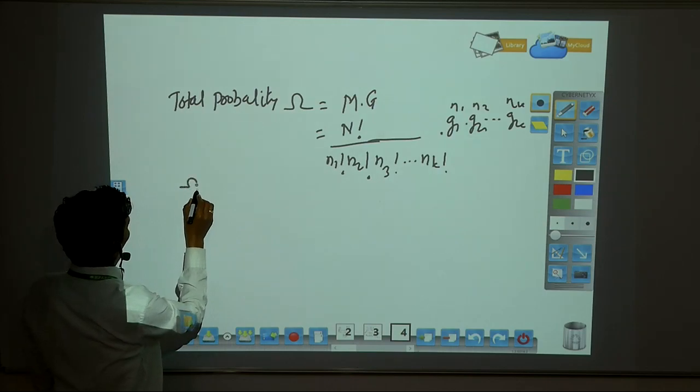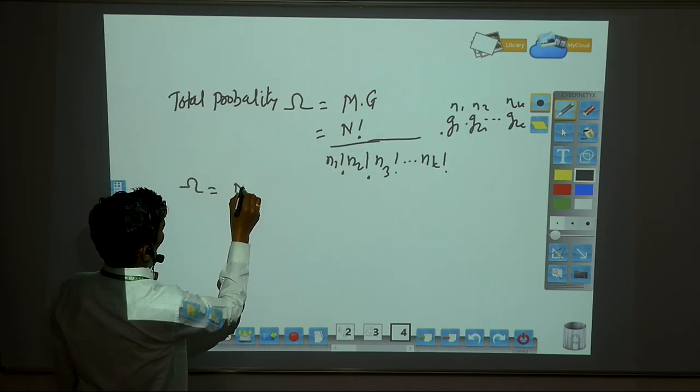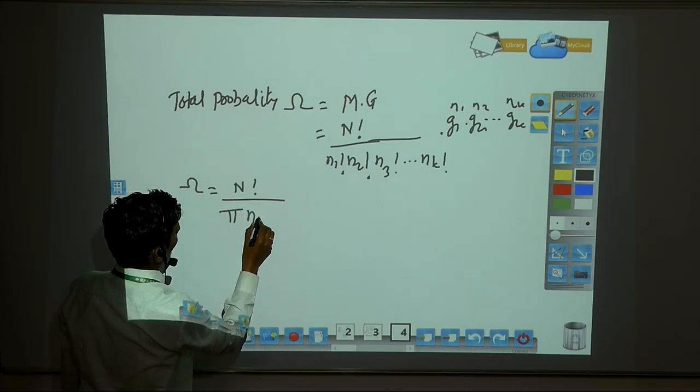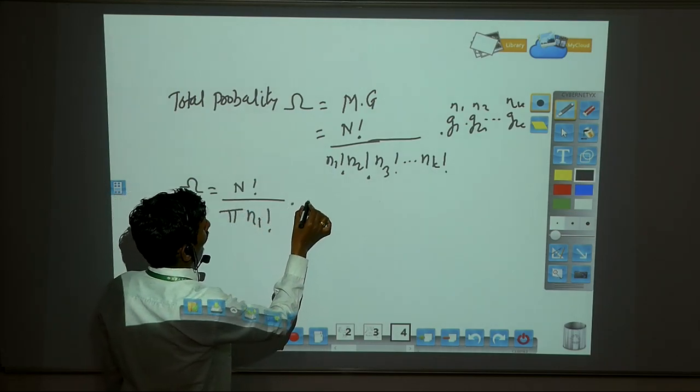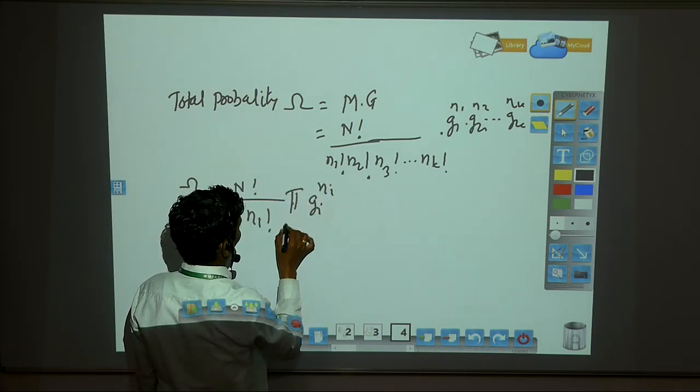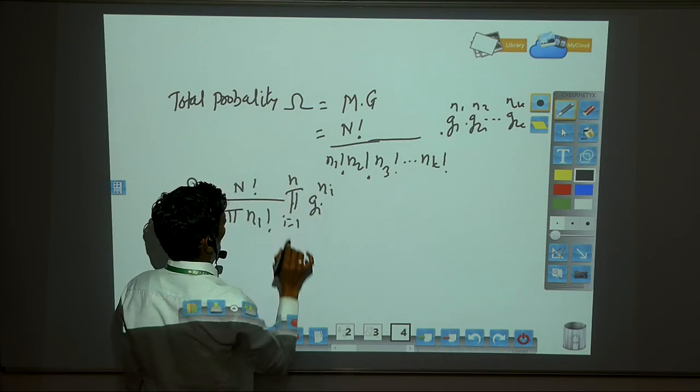Therefore omega is n factorial divided by the product of ni factorial, into gi raised to ni, product over i equal to 1 to k.